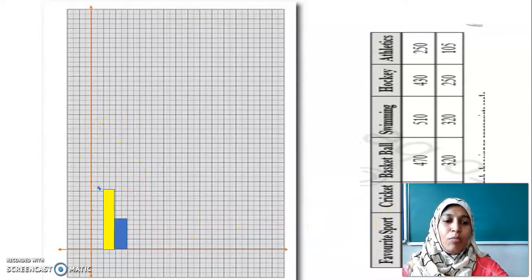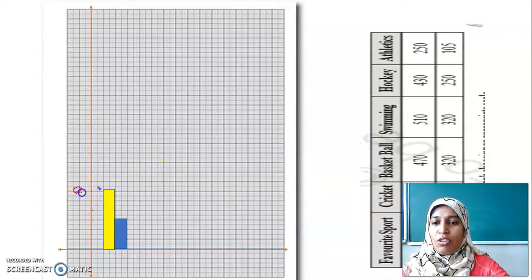Now, the first thing about watching is 1240. Here, this is 1200. So, we have 1240, something near to it. So 1240, draw one horizontal line, then drop it, you will have one bar. Now, how many members are participating in cricket? 620.